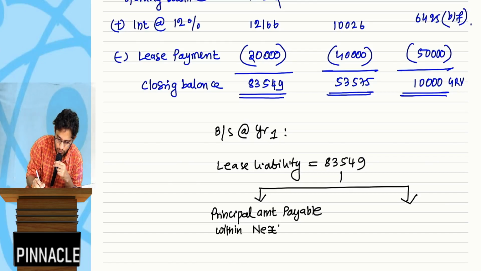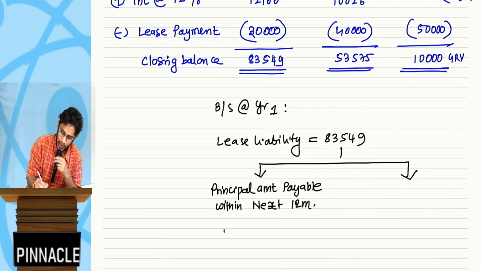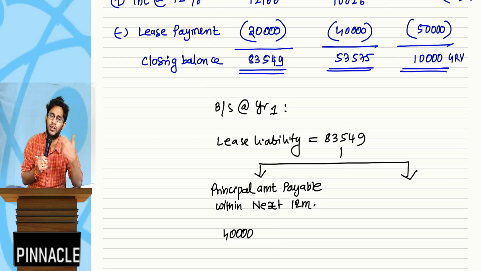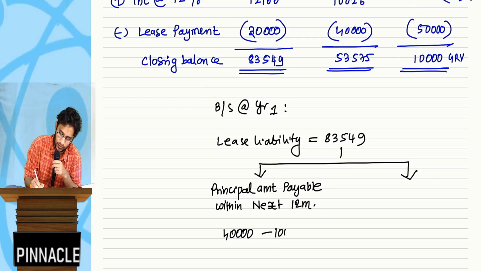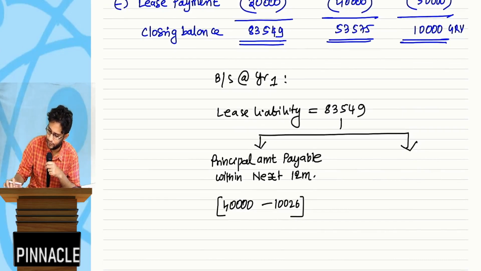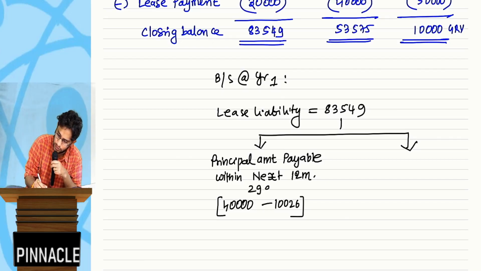within the next 12 months. Actually, in the next 12 months you have to pay 40,000, but that 10,000 is not yet due today. That will become due in the next year only. Forget about that 10,000 now. 40,000 minus 10,026, remove it. It's 29,974.